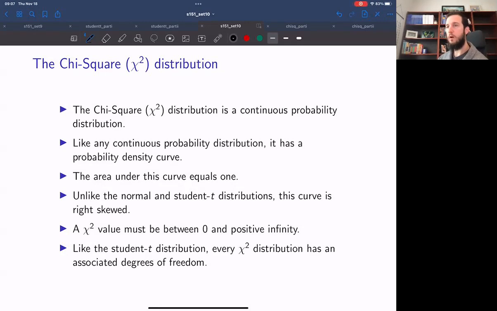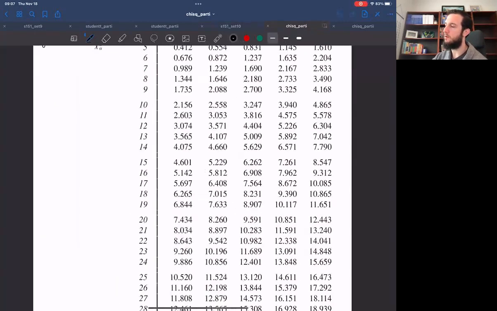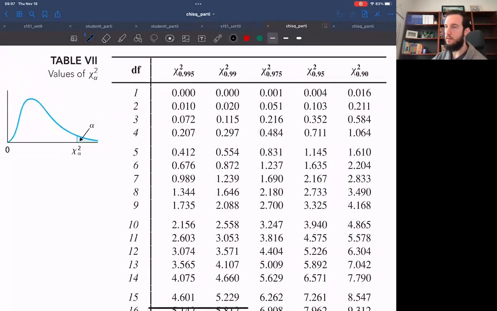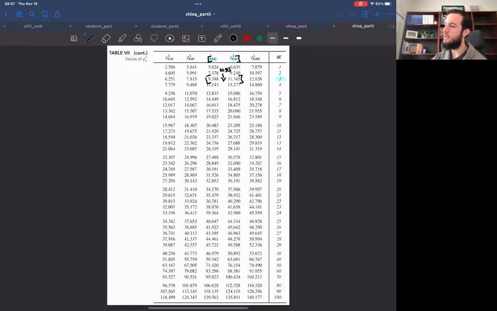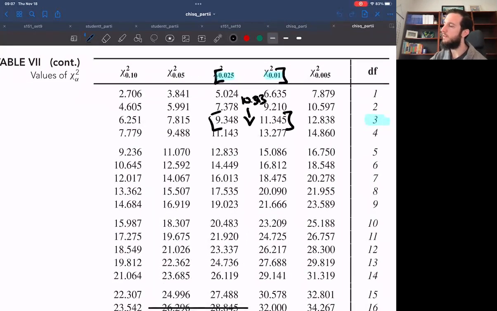So when we are running a chi-square goodness of fit test and a chi-square independence test, we are going to be utilizing the chi-square distribution, which means that we are going to be utilizing a chi-square table, which is given in the course content section, and it looks like this. It again has 2 pages like the t distribution, except these 2 pages would not stack vertically, they would line up horizontally.